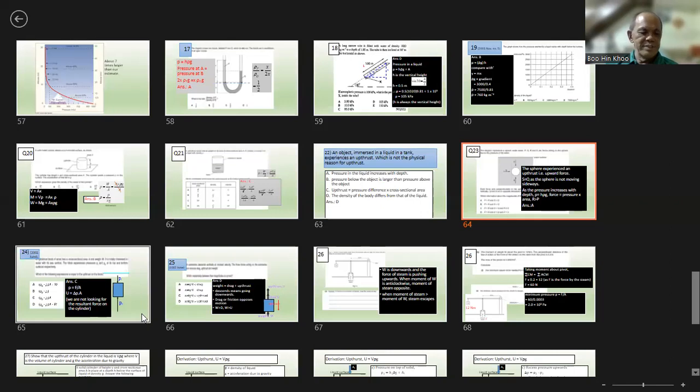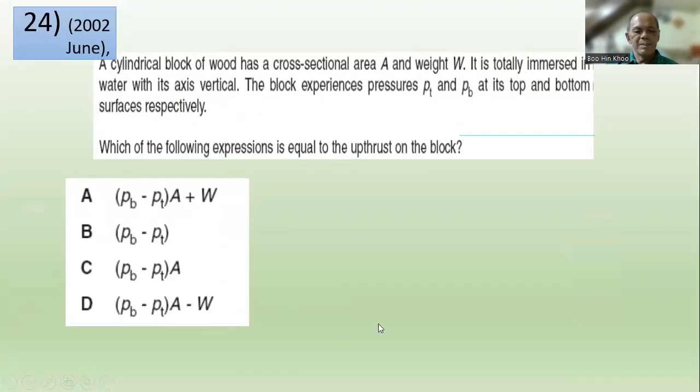Try some questions. Here's a past question, 2002 June. A cylindrical block of wood has cross-sectional area A and weight W. It is totally immersed in water with the axis vertical.